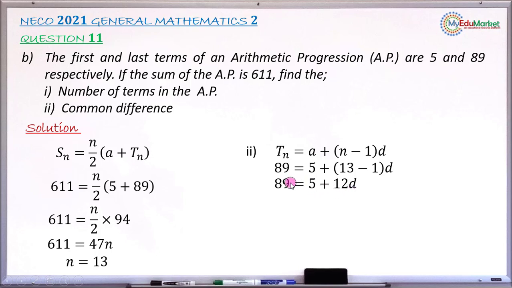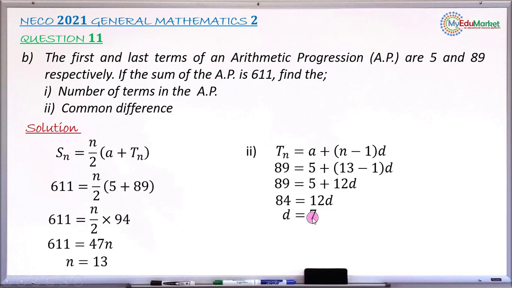Taking 5 to the left-hand side becomes minus, so you have 89 minus 5, which gives 84. So 84 equals 12D. To get D, you divide both sides by 12. When you divide 84 by 12, you have 7. So the common difference D equals 7.